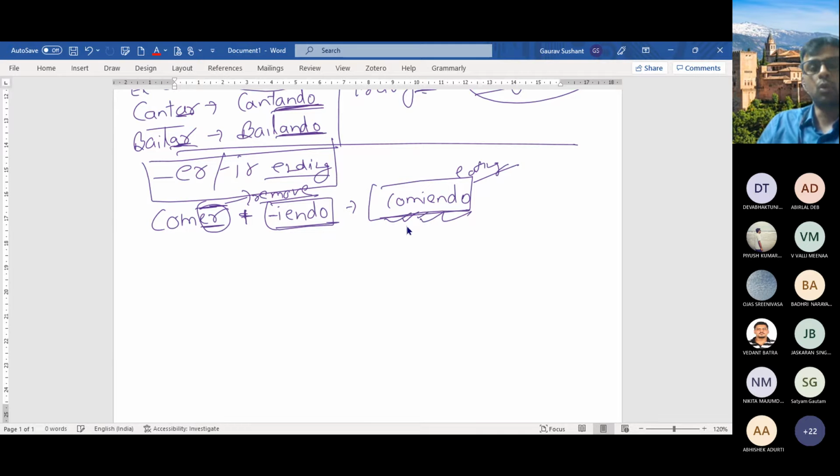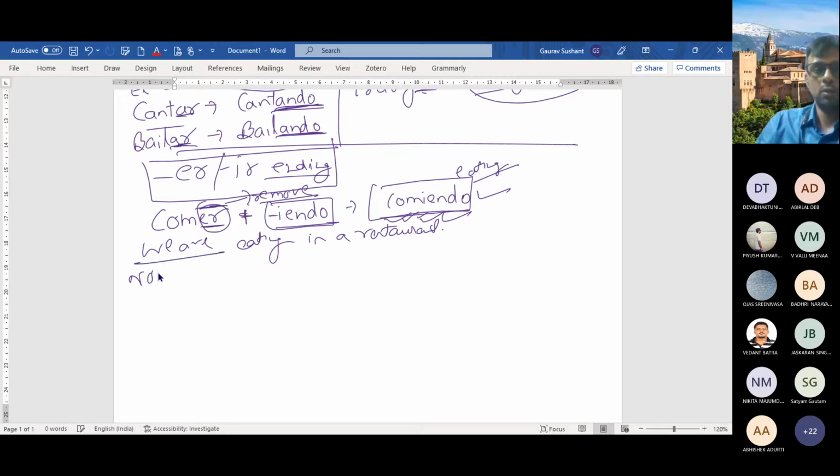And the same thing, I don't have to explain again. This form is going to be constant. I mean, the subject can change, but the gerund form will be the same, comiendo. You don't need to make it plural. You don't need to make it feminine. Anything like that is not at all required. So, for example, we are eating in a restaurant.